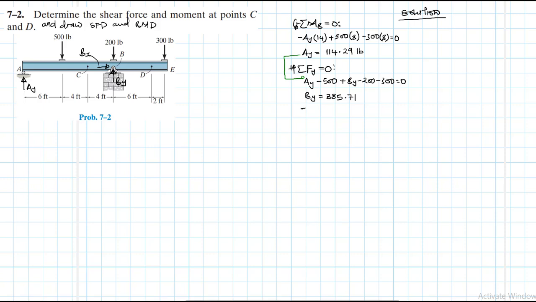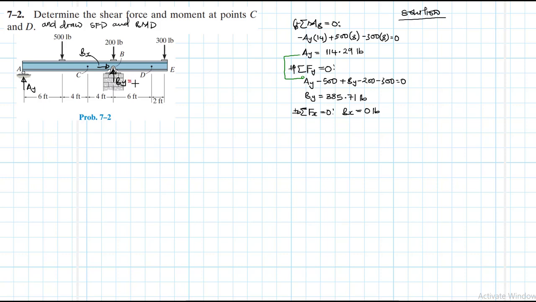Then finally we have summation of forces in the x direction. Of course, we know that this will just give us BX equal to 0 pounds. So let's include this information.